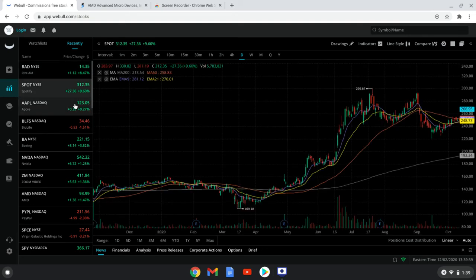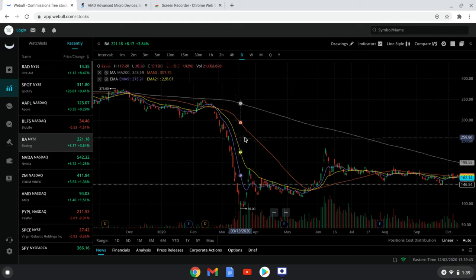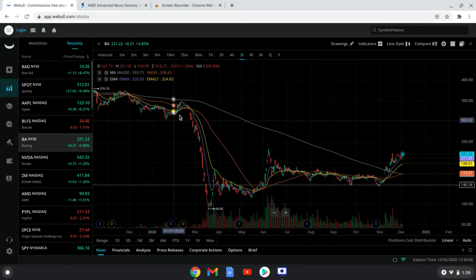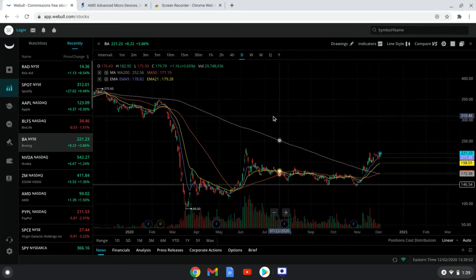We could do one more example. Let's do BA. I don't have any support and resistance lines, but you can use straight EMAs and SMAs to do just about anything.